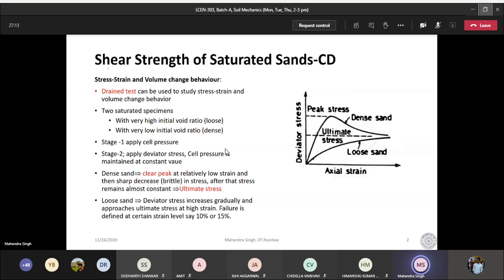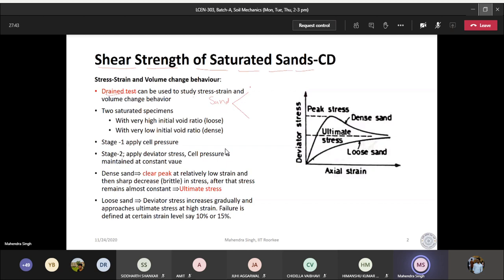Now almost similar things are going to happen with saturated sands also. If you do a drained test on a saturated sandy specimen, let us say we take two types of the sandy soil, for example pre-consolidated and normally consolidated.